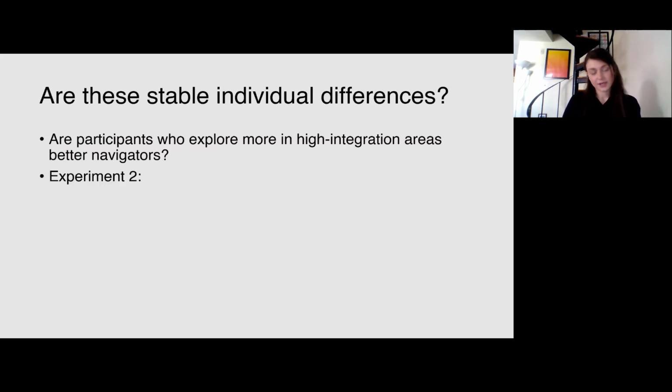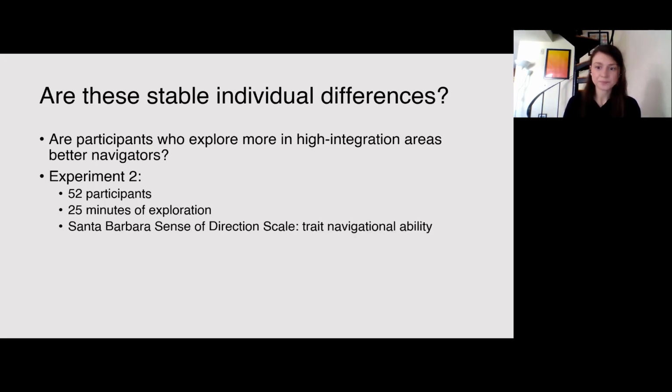To look at that, we ran a second experiment where we collected data from 52 participants and gave them a few more minutes of exploration, so 25 relative to 16 in the first experiment. And then we also administered the Santa Barbara Sense of Direction Scale, which we used as a measure of trait navigational ability.